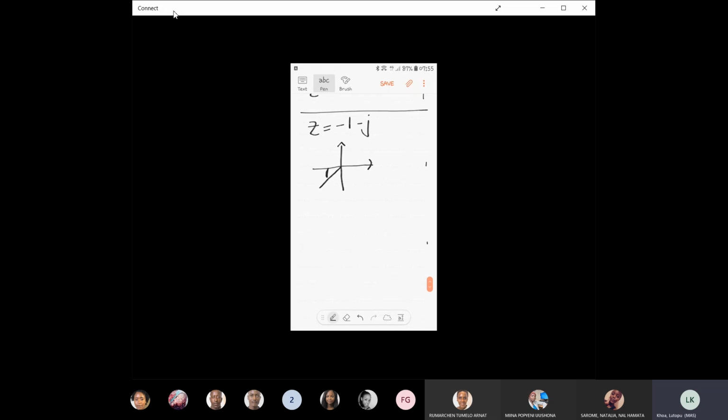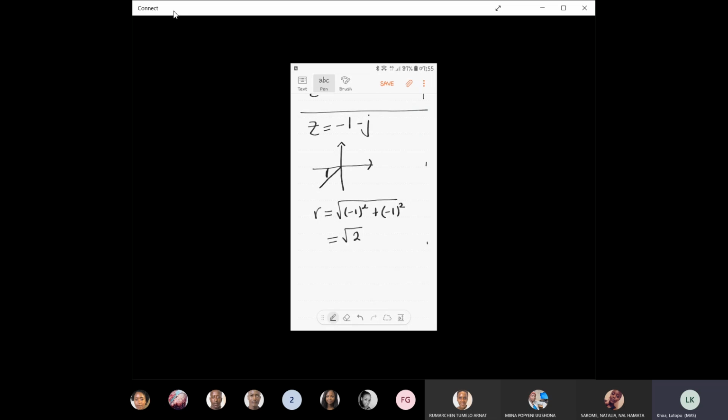So here I'll start with r. r is equal to the square root of minus 1 squared plus minus 1 squared, and this is just equal to the square root of 2.